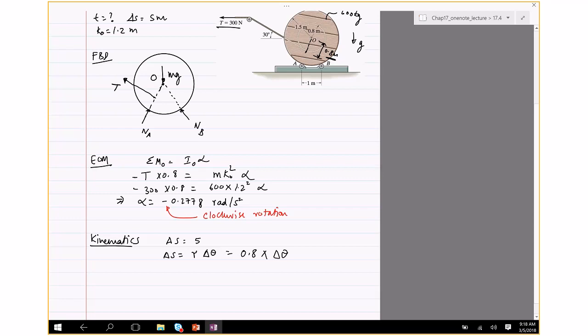What I'm trying to do here is I'm trying to see how much the spool has rotated when 5 meters of length has been unwound from the spool. So 5 equals 0.8 times delta theta. This gives me delta theta is 6.25 radians. That means that the spool is rotated at about 6.25 radians. It's about 2 rotations, right? One rotation is about 3.14, so it's about 2 rotations.